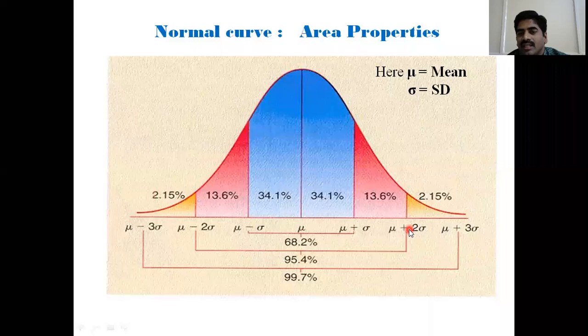This range covers 95.4% out of 1000 weights, that means 954 samples come under mean minus 2SD to mean plus 2SD. These are the universally accepted normal limits, 95% confidence limits, that is mean plus or minus 2 standard deviation.